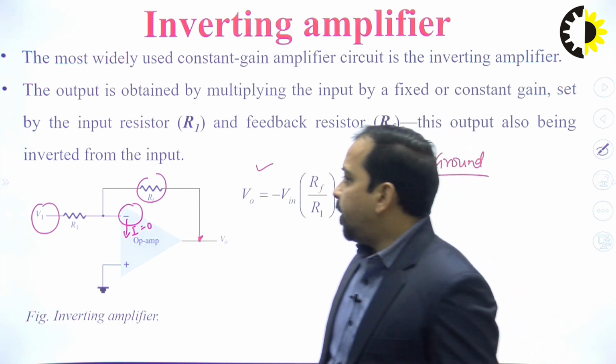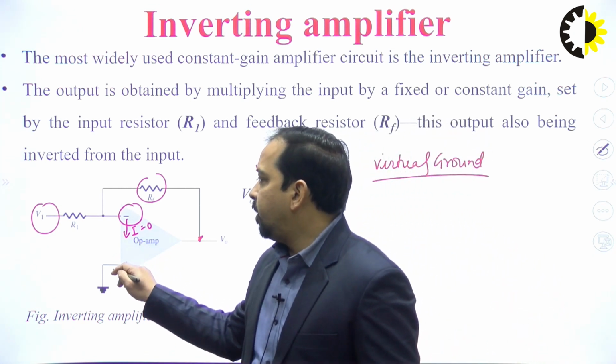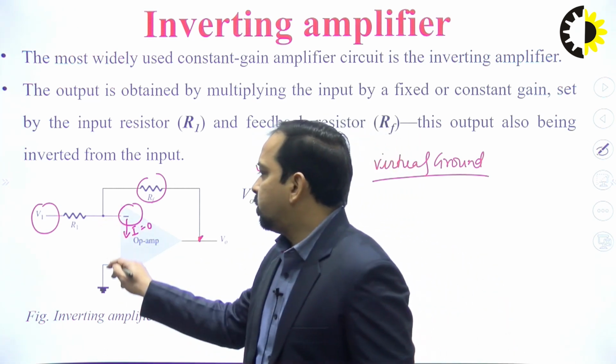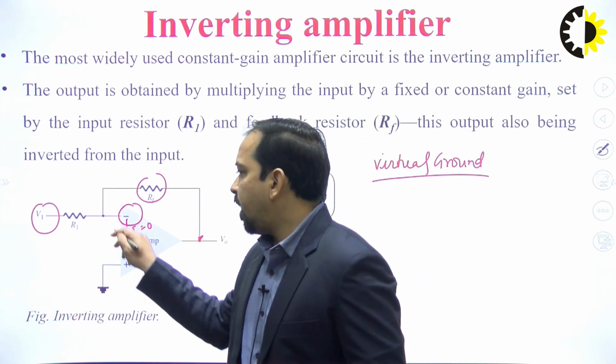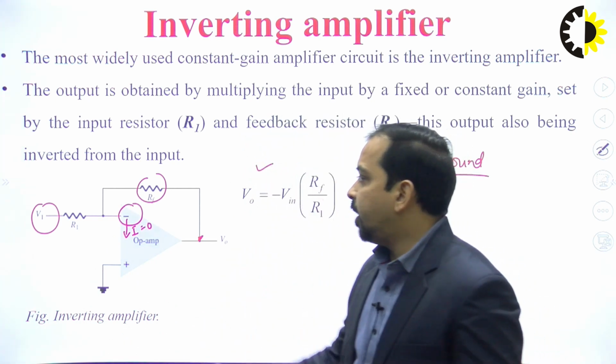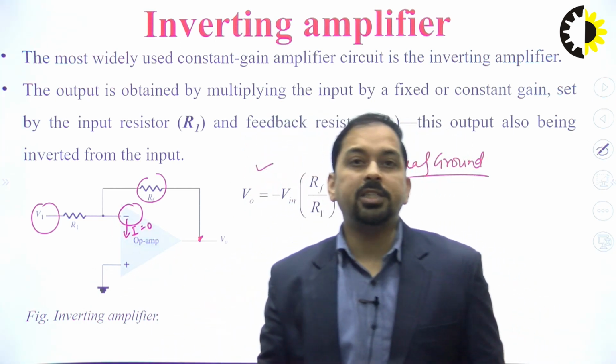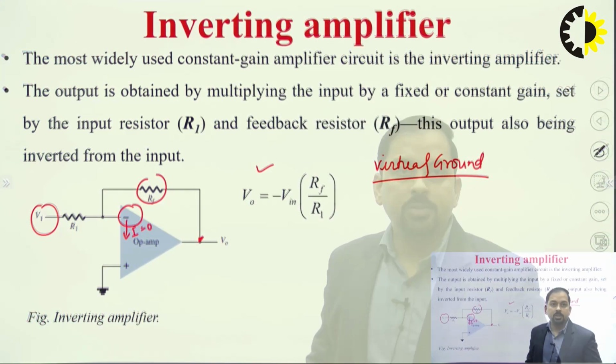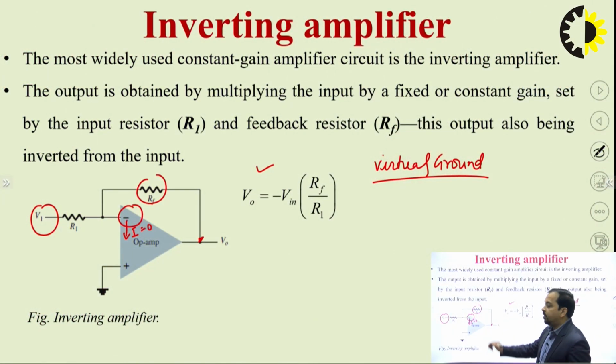If the input impedance of the OPAMP is very high, that means the potential of both the negative and the positive terminal, which are the inverting and the non-inverting terminals, are the same. If we utilize this virtual ground concept, with the help of KCL, we'll be able to derive the relationship for the output voltage.